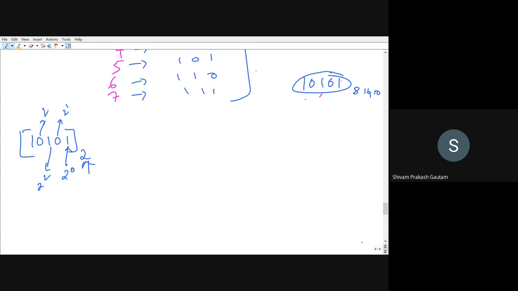This represents 2 to the power 3, and this represents 2 to the power 4. So this can be written as 1 into 2 to the power 4 plus 0 into 2 to the power 3 plus 1 into 2 to the power 2 plus 0 into 2 to the power 1 plus 1 into 2 to the power 0.